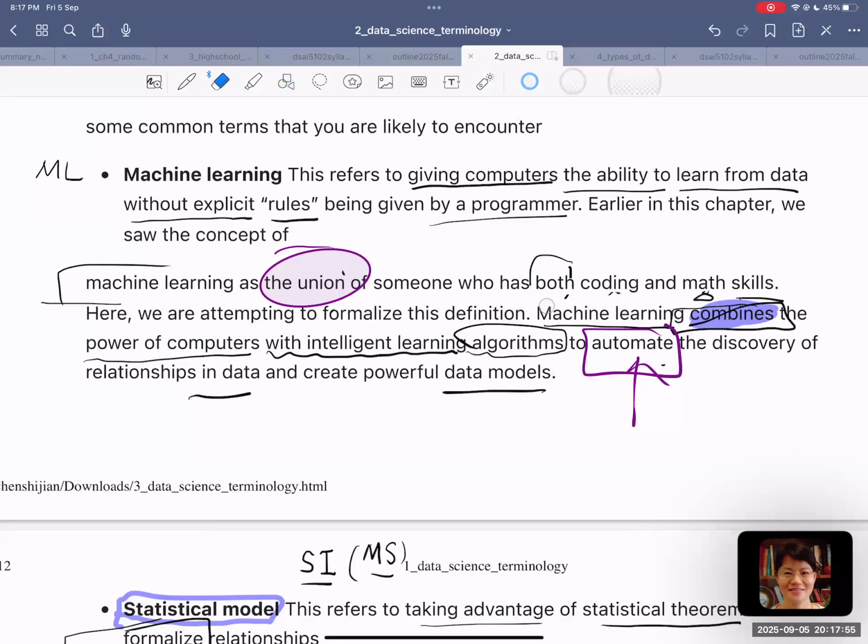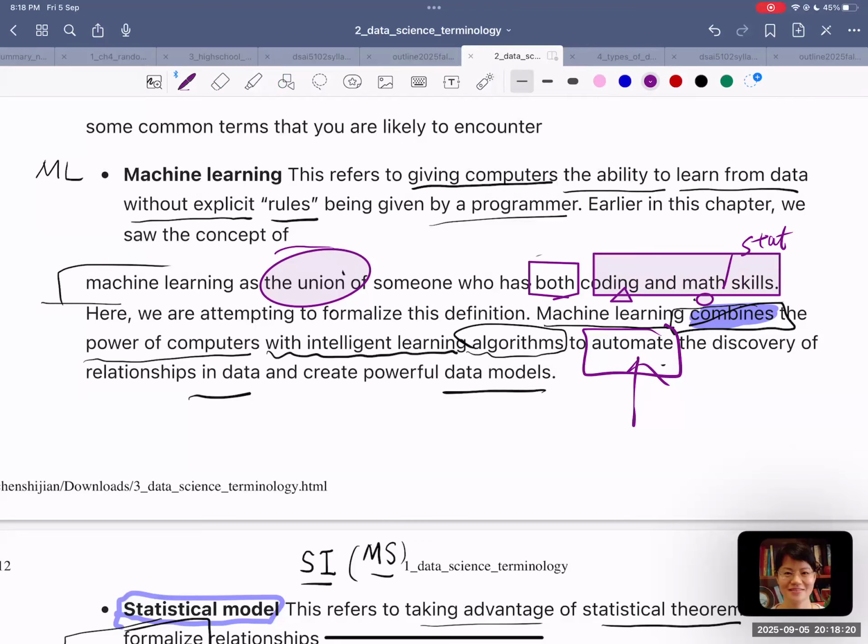For this place, I want to say we have both coding and math skills, coding and math, right? And for this math, maybe we also include stats, right? Anyhow, coding is a must, but some knowledge is also a must.